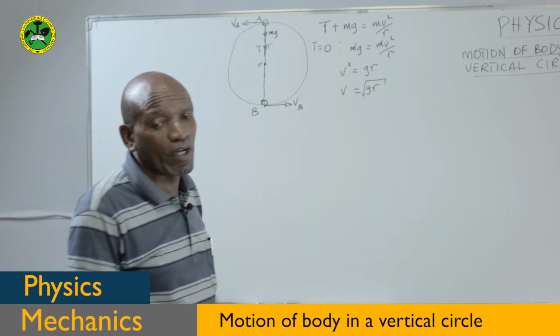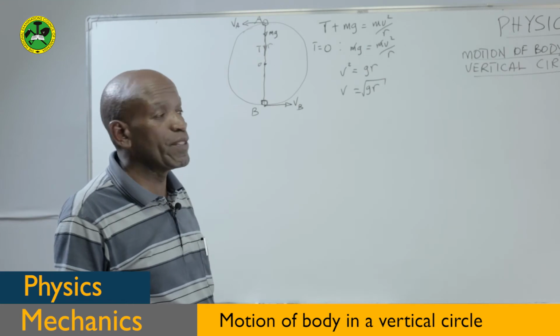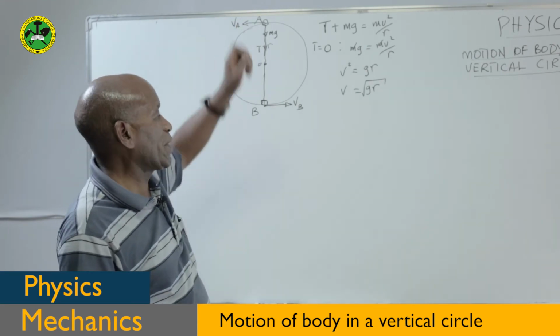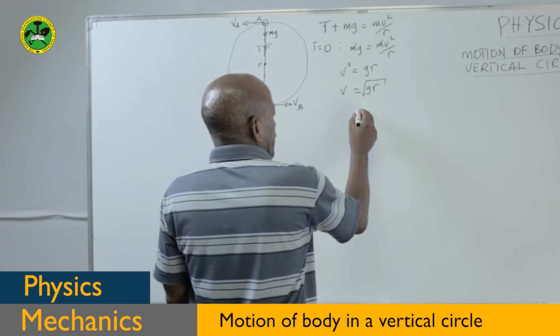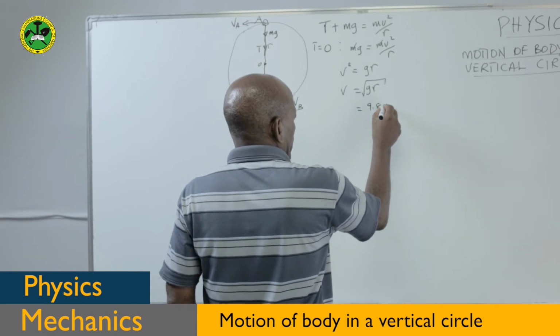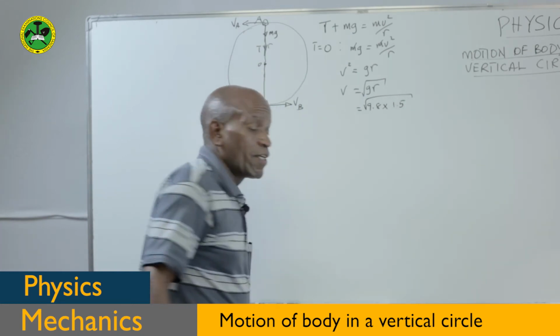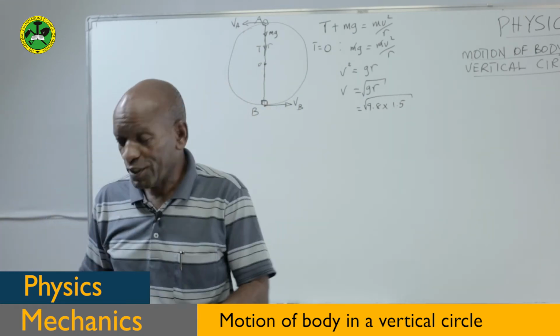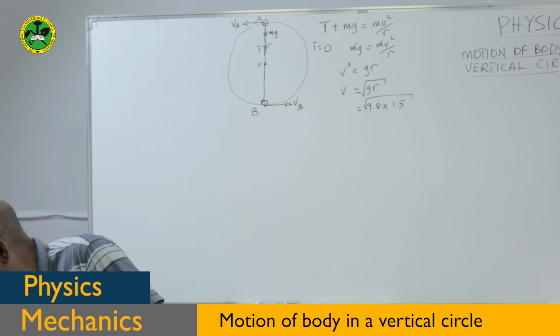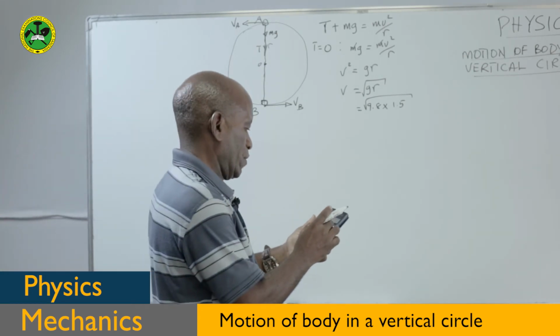Now we need to calculate this to determine the minimum velocity whenever a bucket passes at the top. The g there is 9.8 and the radius is 1.5 meters. We look for the square root of that expression.